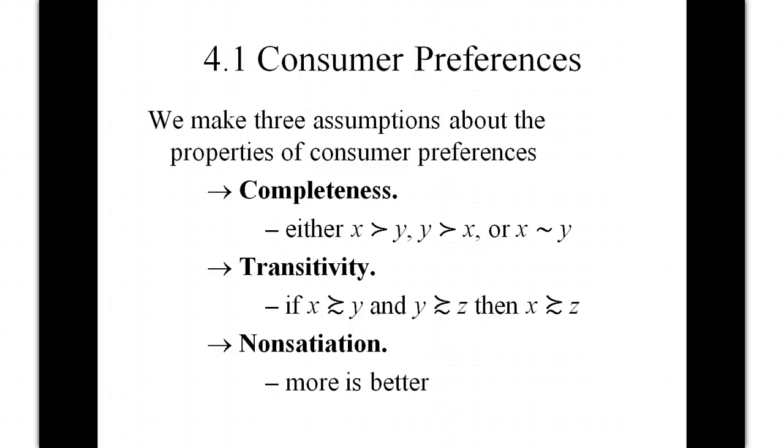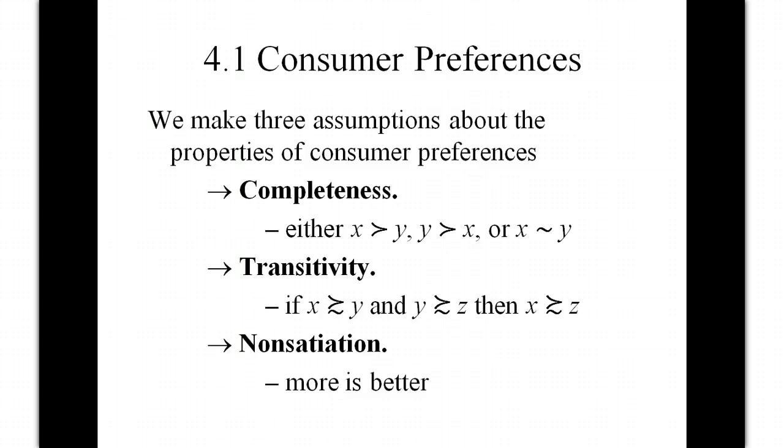So the first issue we look at is what assumptions do we make about consumer preferences? What do we mean when preferences are rational? If we're looking for consistency, what do we want? We want the behaviour to tie into this maximising behaviour. So we make three assumptions about the properties of consumer preferences. First of all, we assume completeness.